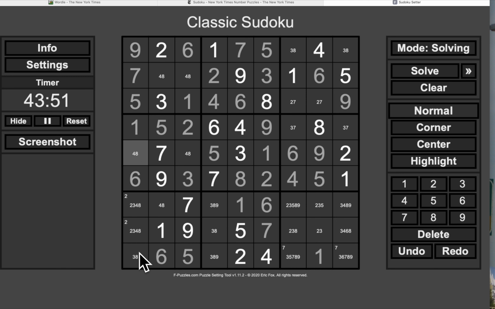Okay. 8 still has 4 places for it. 2's only got 2, so none of these tells me 2, but annoyingly, I think I haven't made a whole lot of progress. Unless I'm missing something. Oh, okay, that 5 tells me this isn't 5.